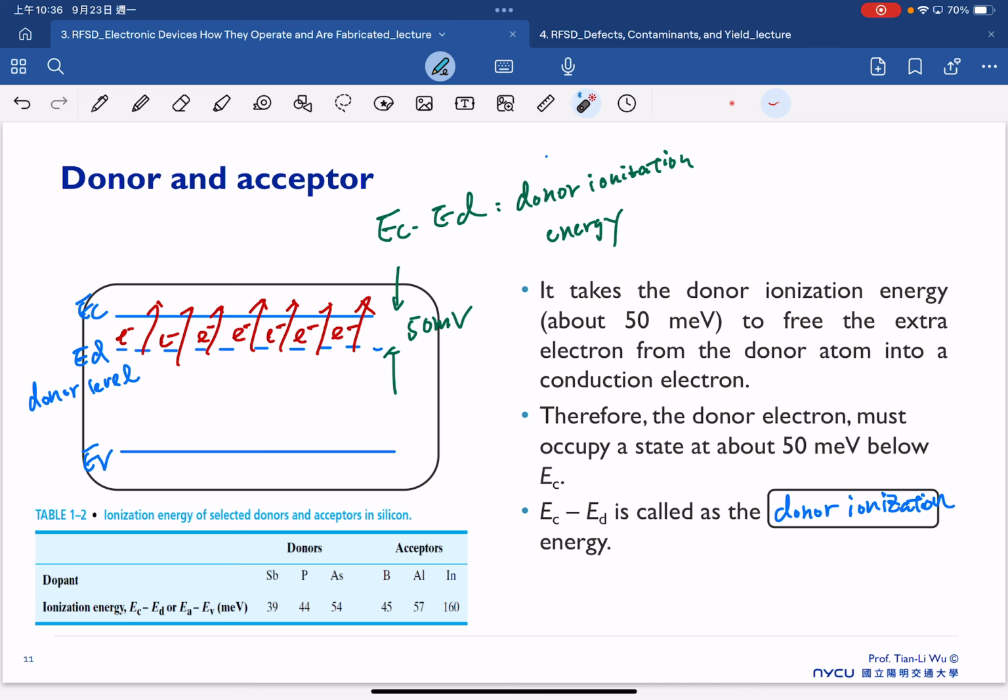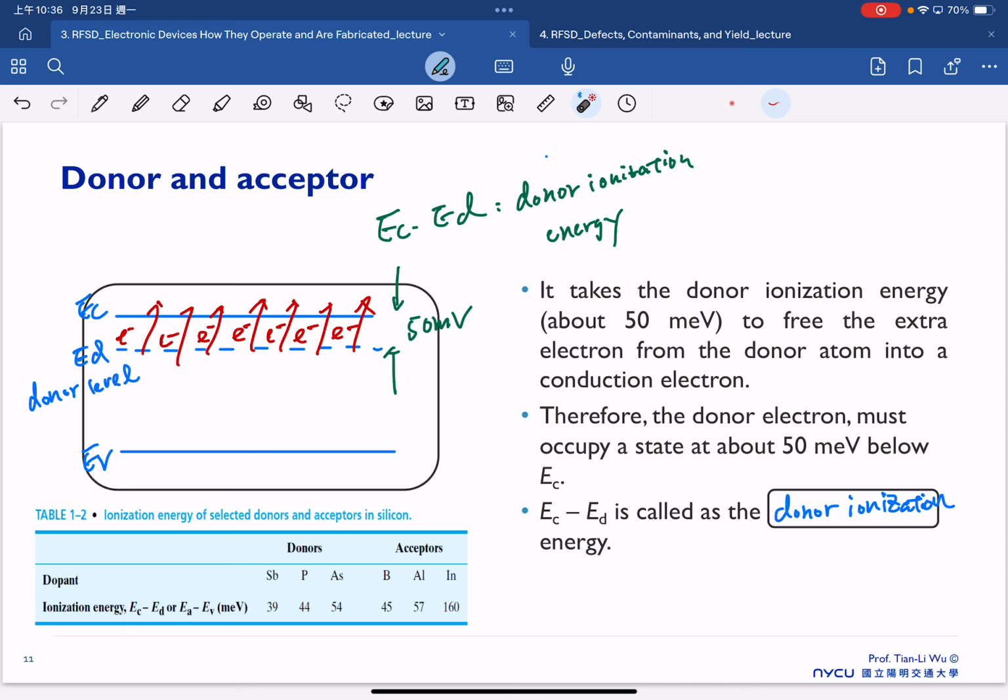But this concept is pretty important when we talk about other materials, especially wide bandgap material. In the case of wide bandgap material, this donor ionization energy sometimes is relatively large, and thus becomes a certain problem for our wide bandgap material.